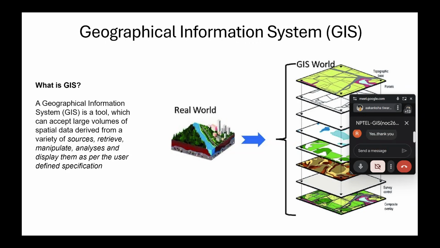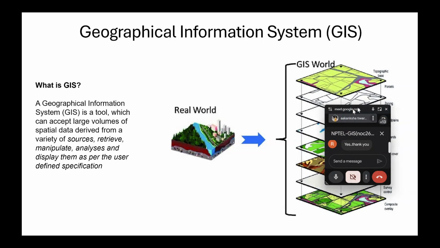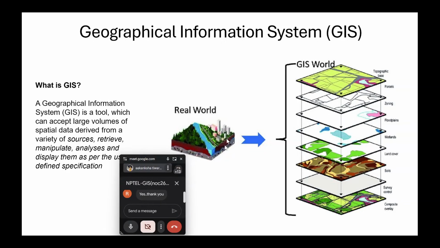The name of this course is Geographic Information System. So what is Geographic Information System? It is basically a tool through which we can convert the real world, which has very complex features, into the GIS world.